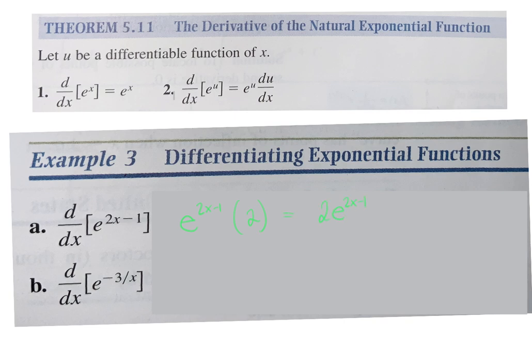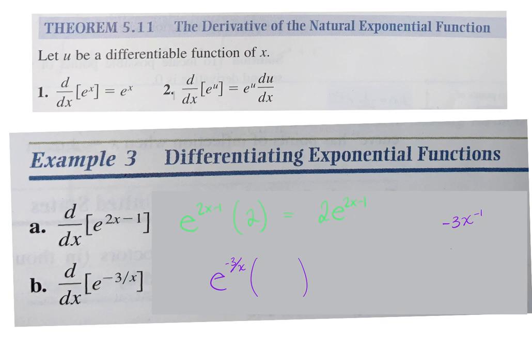That is the derivative there. Next, e to the negative 3 over x. Well, that's e to the negative 3 over x times the derivative of negative 3 over x. You may want to write this out to the side as negative 3 times x to the negative 1. That's how we would write negative 3 over x, right? Multiply by your exponent.